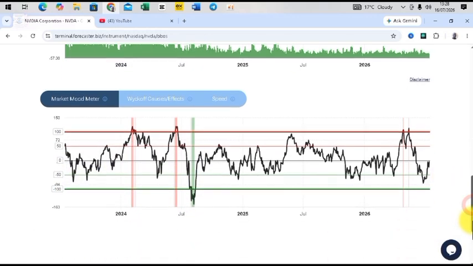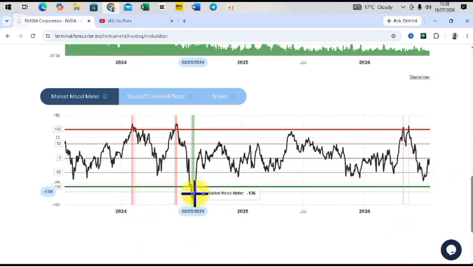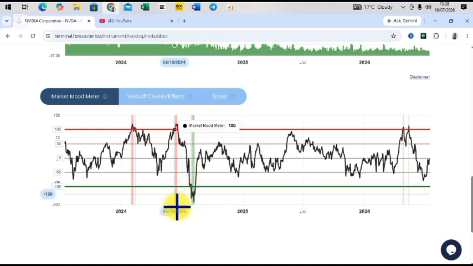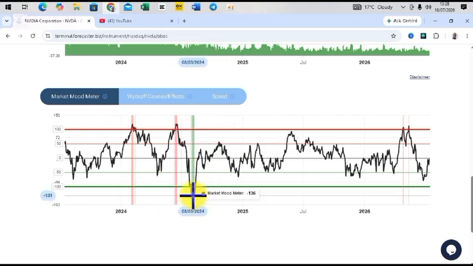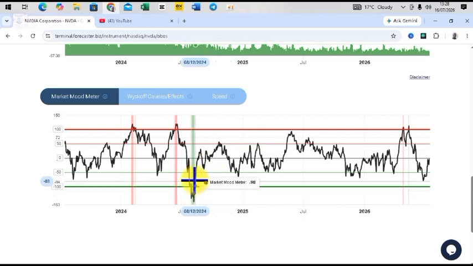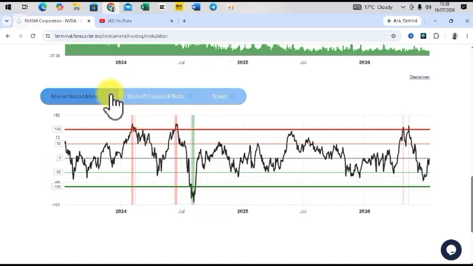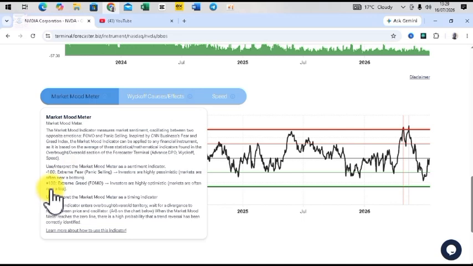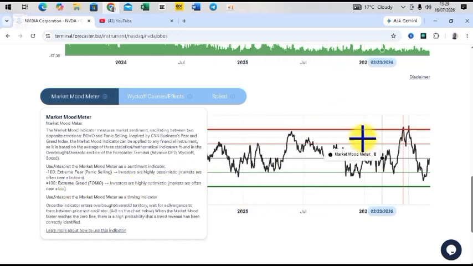As we continue to read, the moment you see price tapping in this range, you expect that it is oversold, and we are expecting a rebound. In other words, buying, looking for buy positions. And let's continue. Plus 100 is extreme greed, that's FOMO. Investors are highly optimistic, markets are often near a top, and this is the top we are talking about.